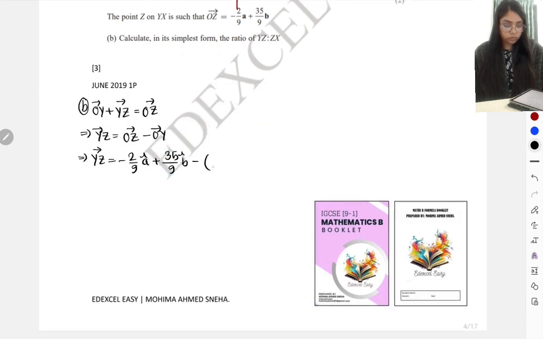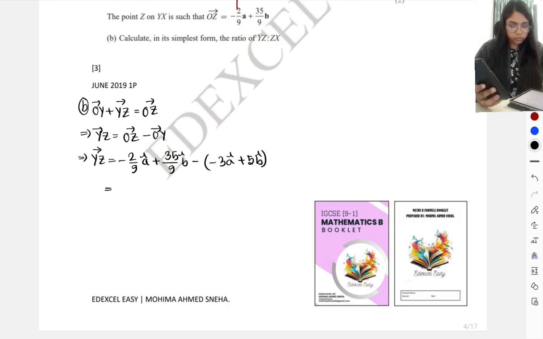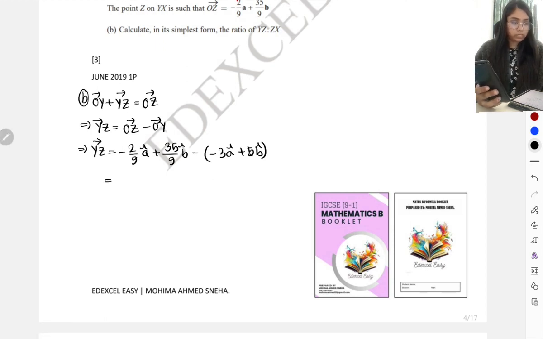So now we have minus 2 by 9 plus 3, that is 25 by 9a, and then you have 35 by 9 minus 5, so you get minus 10 by 9b.